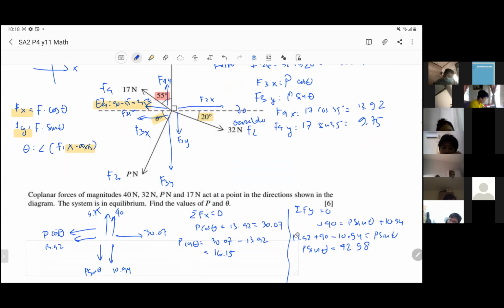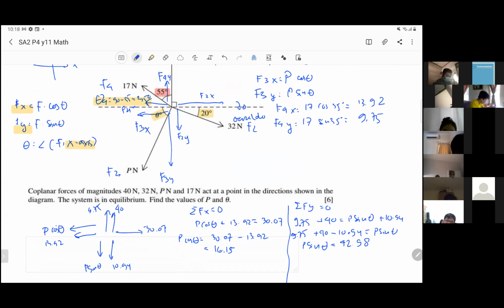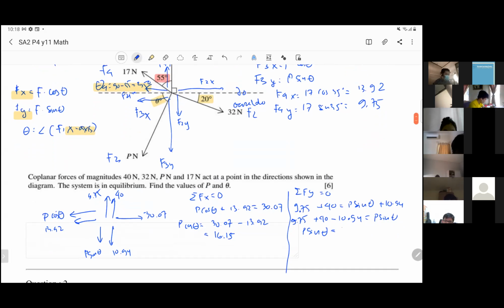Sorry. Okay. Can you do the calculation, please, Kev? Oh, wait. So it's 9.75 plus 40 minus 10.94, right? Yes. That'd be 38.81. Thank you. Okay, now we have the component.